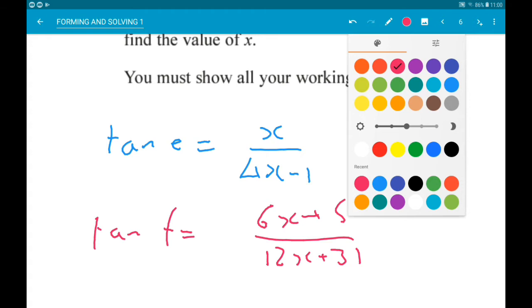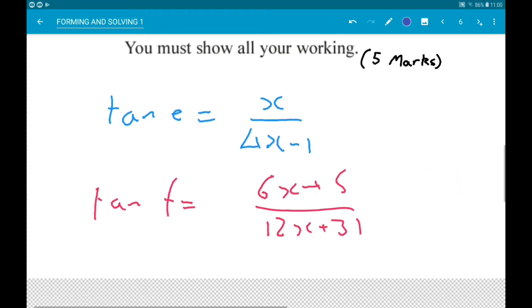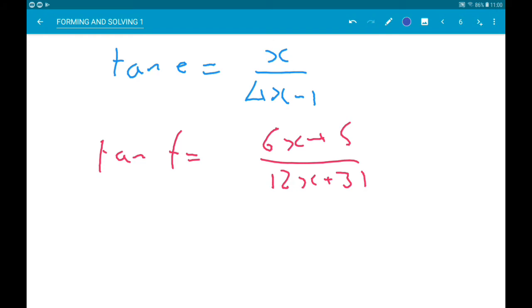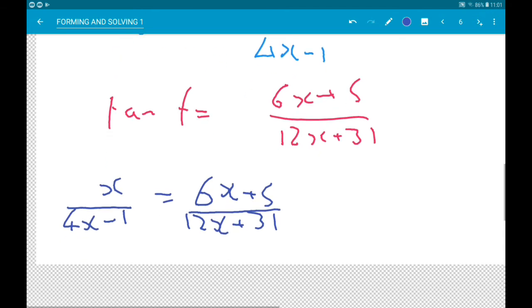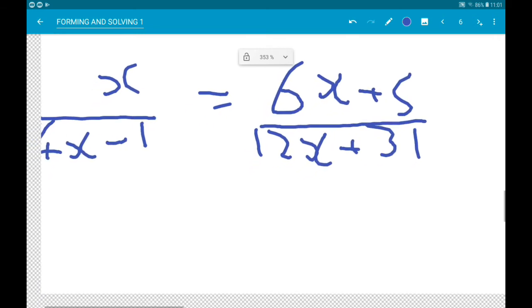So, that means then that x over 4x minus 1 is equal to 6x add 5 over 12x add 31. Okay, so our job is now to solve this.